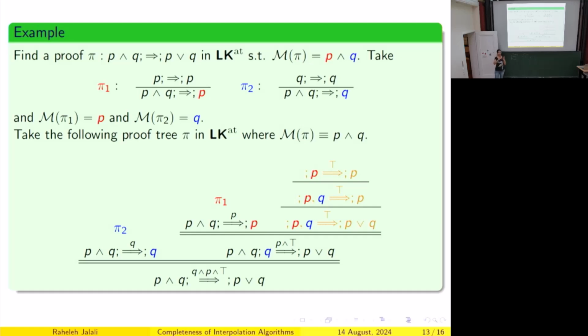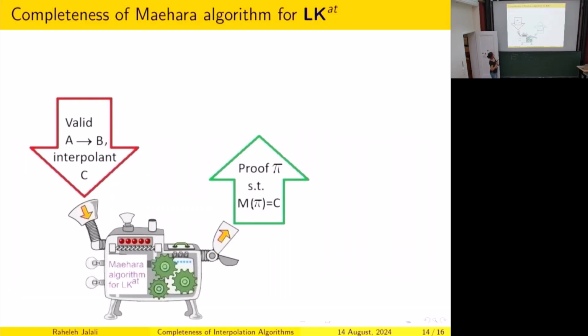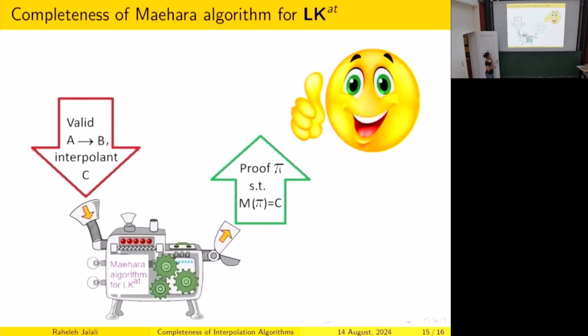So in the end, I will have the interpolant C1 and C2 and up to Cn, and a lot of tops, which is equivalent to C1 and C2, which is equivalent to C. I know this was hand-wavy, but I hope it gives you a sketch of the proof and intuition of how it works. So this is the completeness result for Maehara's algorithm for LK with atomic cuts that we proved, and it is complete.